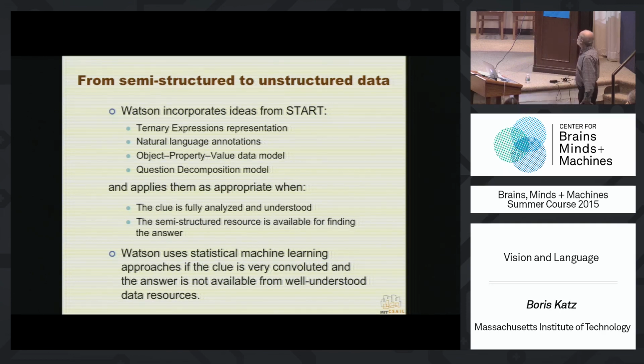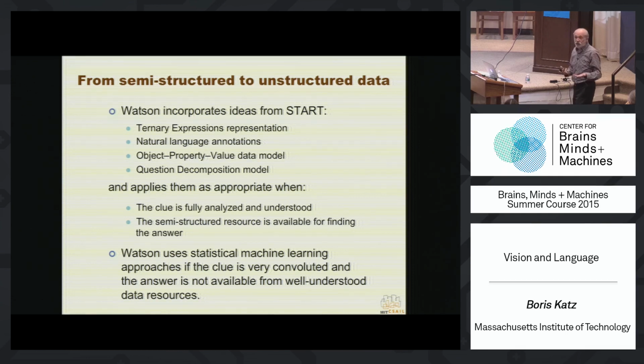So Watson actually took a bunch of ideas from Start: the ternary expression representation, the natural language annotations idea, the object-property-value data model, and the question decomposition model. It applied them when it could really analyze the question syntactically, when the question was not too convoluted, and when there was a semi-structured resource or several resources to find an answer.